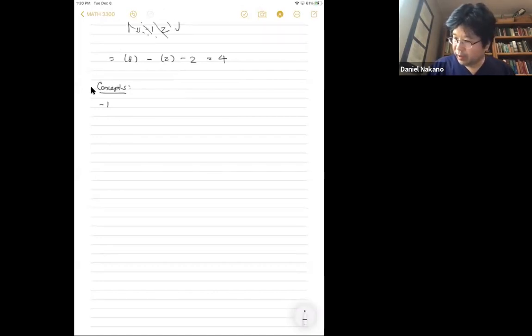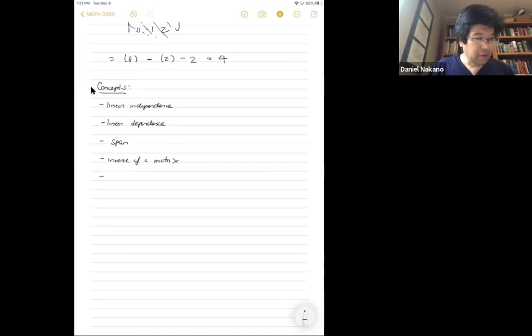So one is linear independence. One is, of course, linear dependence. You should know about spanning. You should know about, again, inverse of a matrix. You should know about linear transformations, which we'll go over a little bit next time.